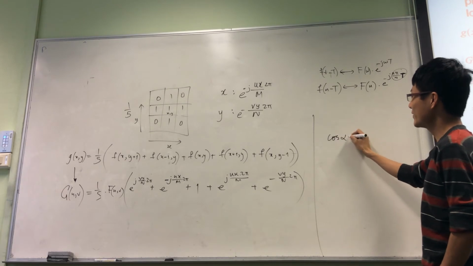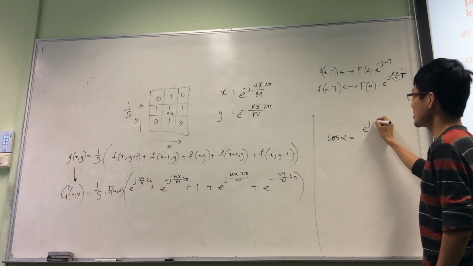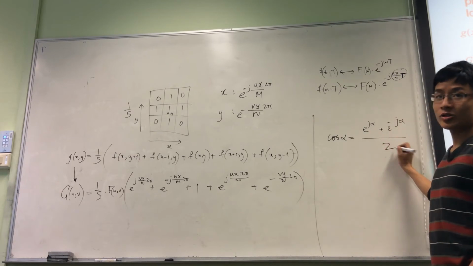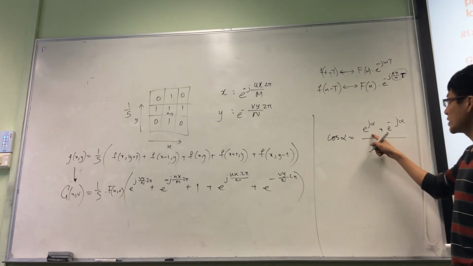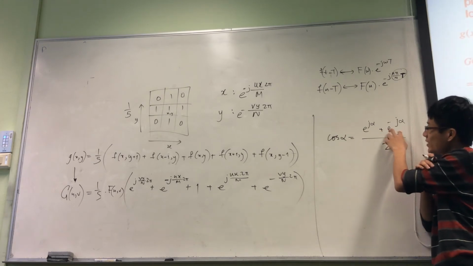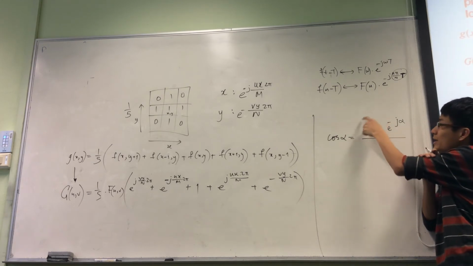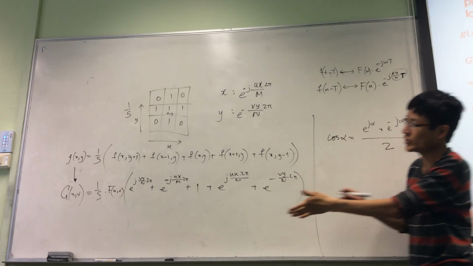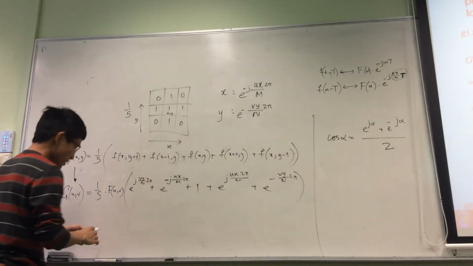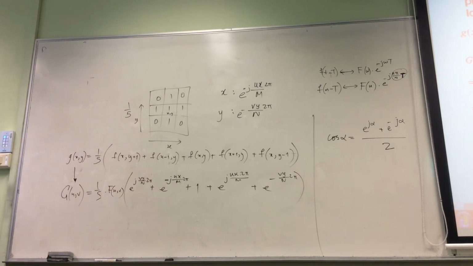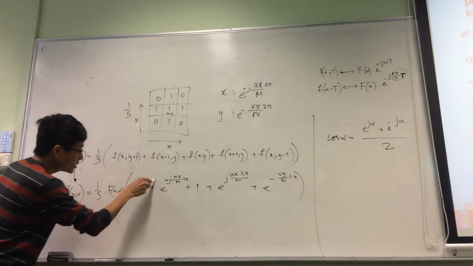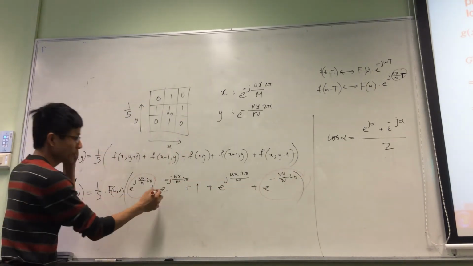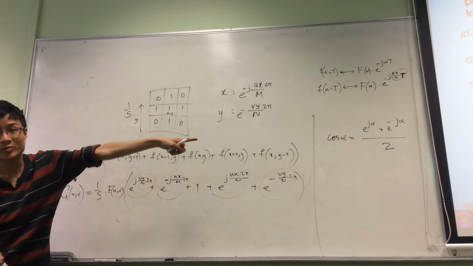Cosine of alpha equals e to the j alpha plus e to the minus j alpha, divided by 2. So this is what you need to look at. You look for the same thing except for the plus and negative j, which gives you a cosine. For example, in here, this term can be combined with that one, and the second one with the fourth one, to become a cosine.